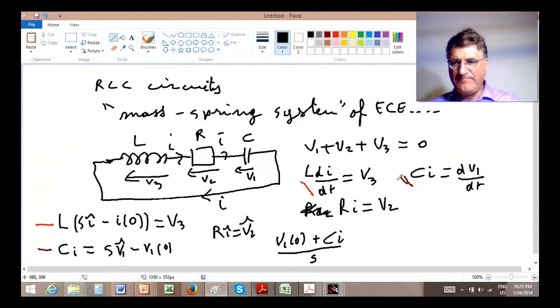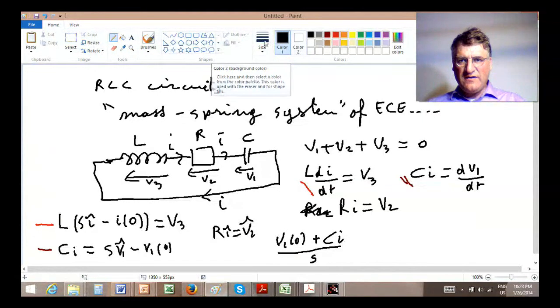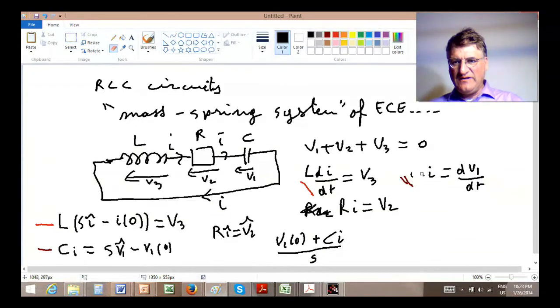My mistake. In the previous equation, it was not C times I is equal to V. I made a mistake here, sorry, it's not a C here.